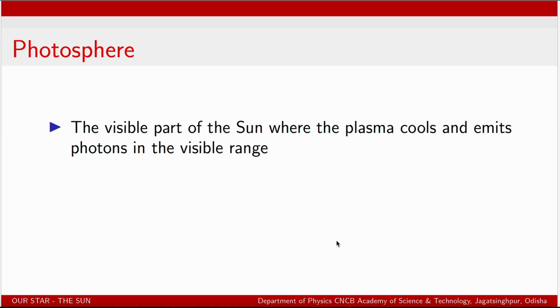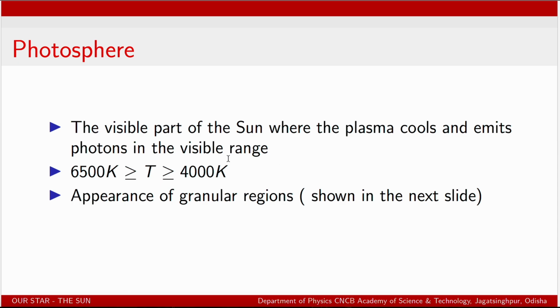So in this slide we see that we are now in the photosphere. We have crossed the convective zone. The photosphere is a very thin zone, only a few hundred kilometers thick. But it is important because this is where the plasma cools so much that it emits radiation in the visible region.